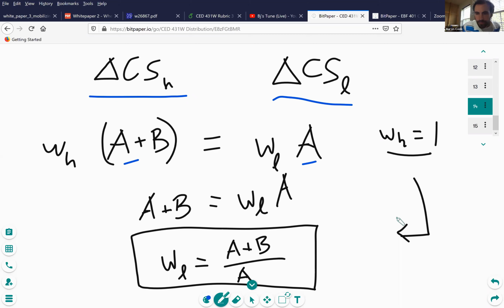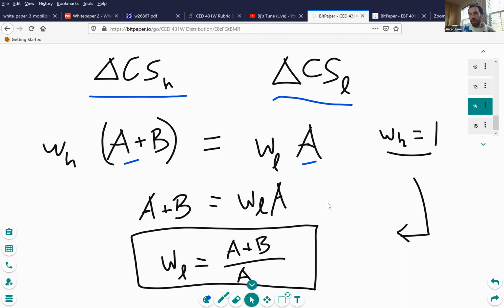Now, if we're trying to satisfy this one person, one vote criteria, then we have this idea that we want these changes in consumer surplus to register as equal values for each group of people, not weighting one more heavily because they have higher income.